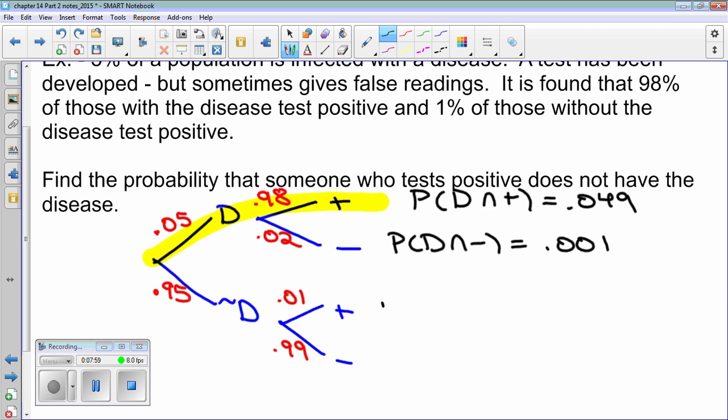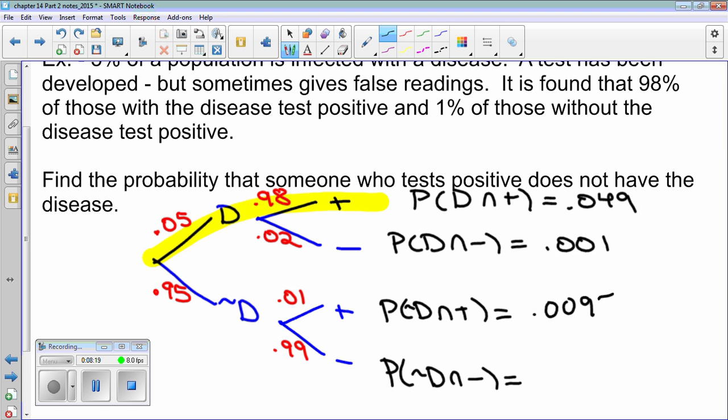We're going to have the probability of no disease and positive, and the probability of no disease and negative. So we're going to multiply across the branches. 0.95 times 0.01 is 0.0095, and then 0.95 times 0.99 is 0.9405.